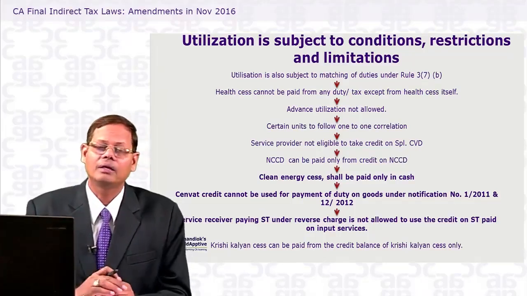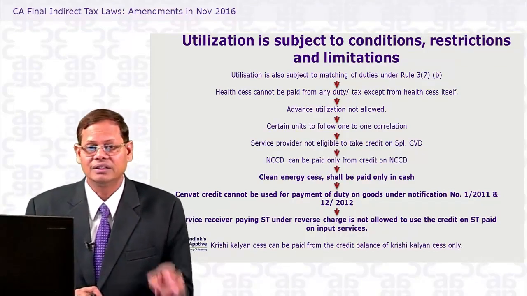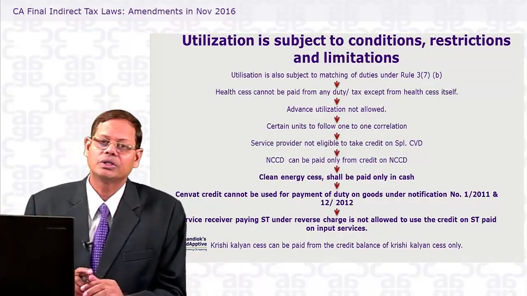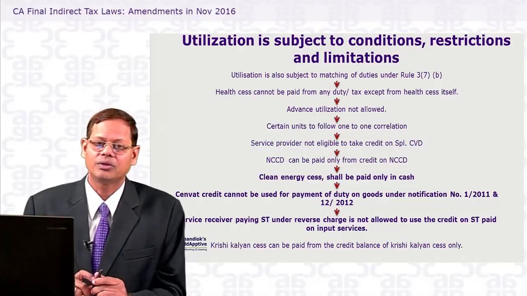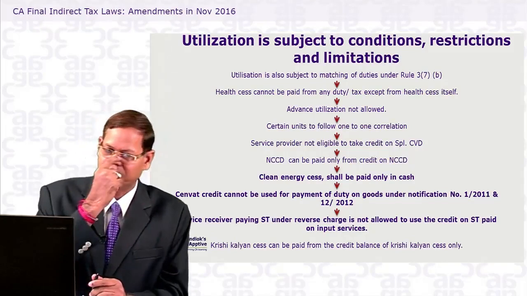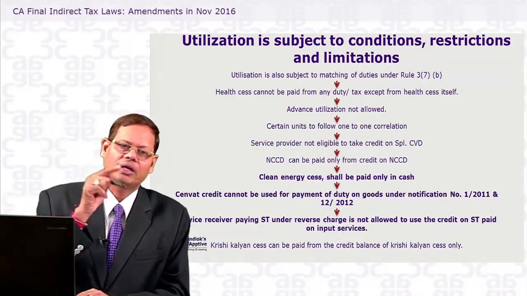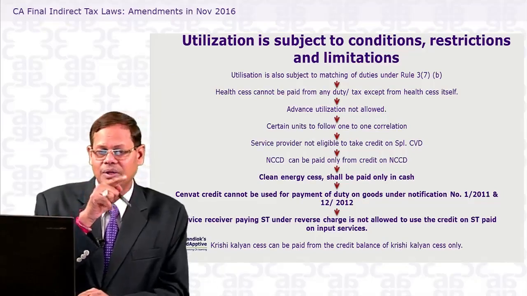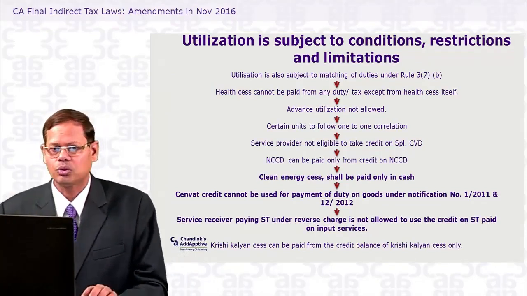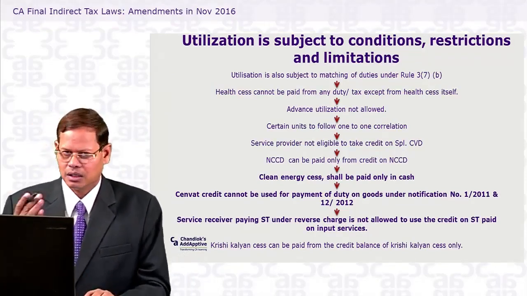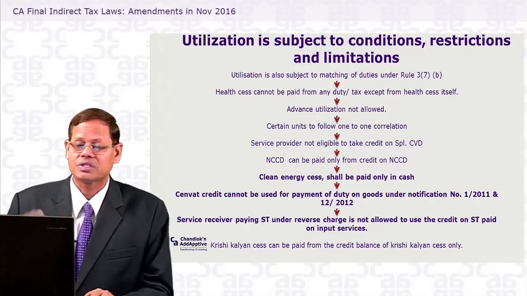Maybe you are paying on 6th February, next month, but anything earned in February cannot be used to pay on 6th February, because on 6th February you are paying for the month of January. February's earnings cannot be used to dispose of the liability of January. That is advance utilization. Please go through the recorded classes where it was specifically mentioned.